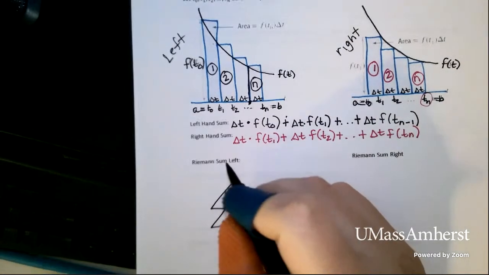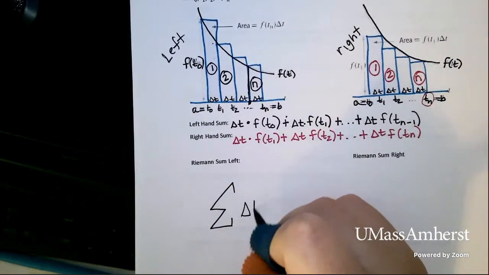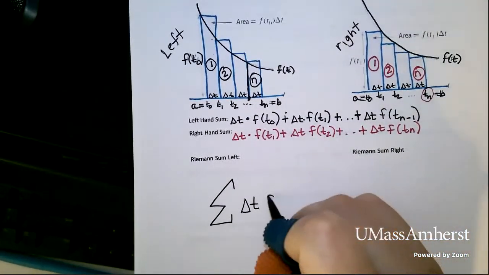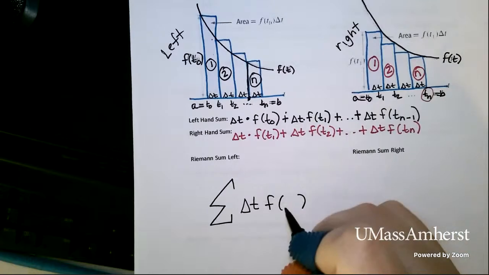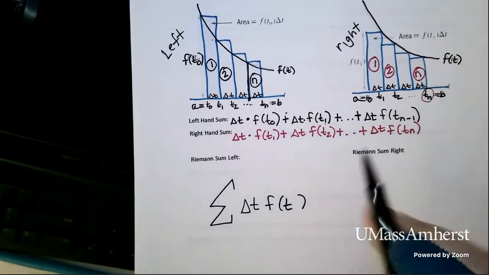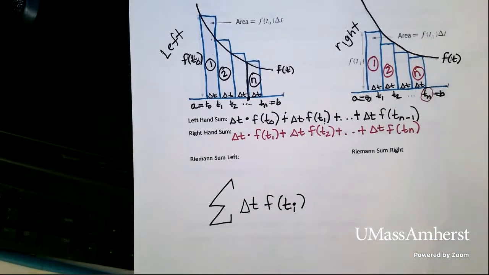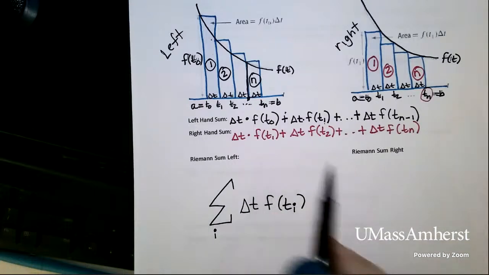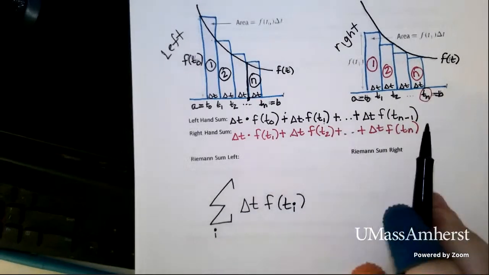So what does that look like? For a left-hand sum, delta t is the same in every single term. F is the same. What's different is this subscript, okay? And we call that an index. So we write an i there, and then we have to tell the summation the values where i starts and i finishes.